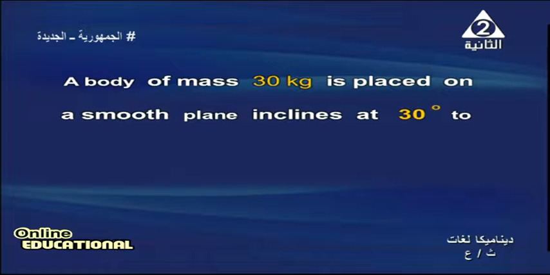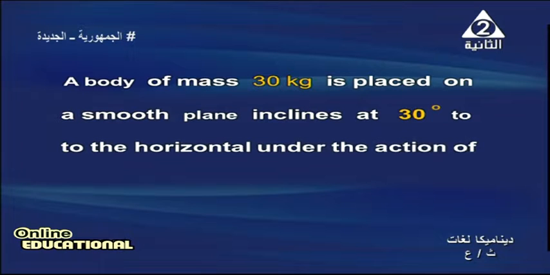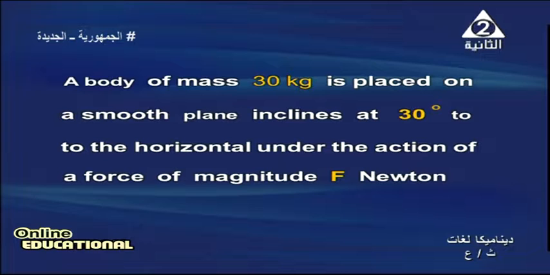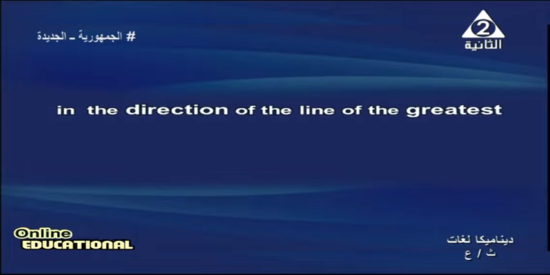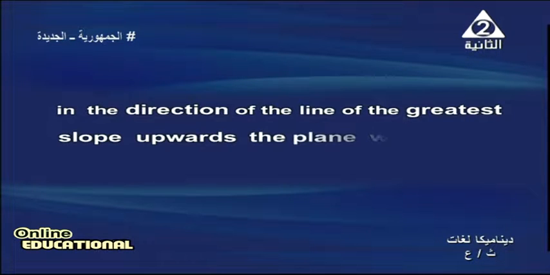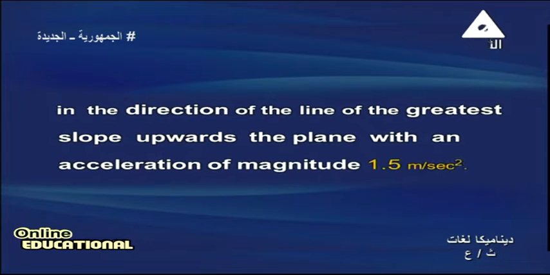Another example. A body of mass 30 kilograms is placed on a smooth plane inclined at 30 degrees to the horizontal under the action of a force of magnitude F Newton. The direction of the force is in the direction of the line of the greatest slope upwards the plane, with an acceleration of magnitude 1.5 meters per second squared.